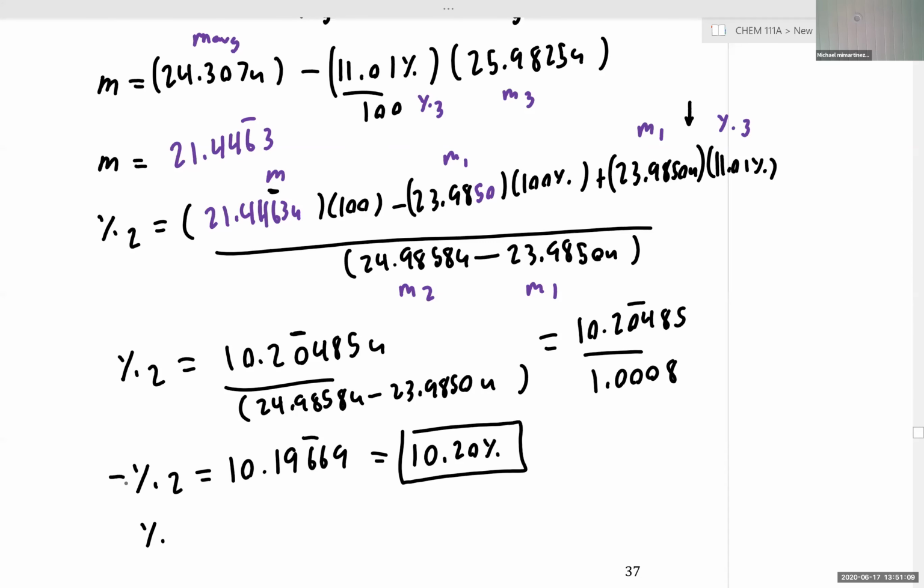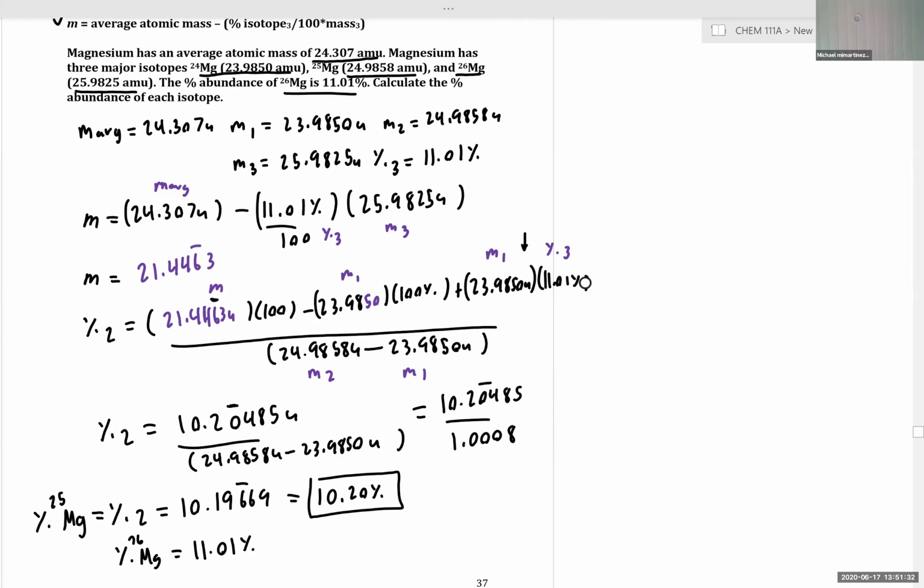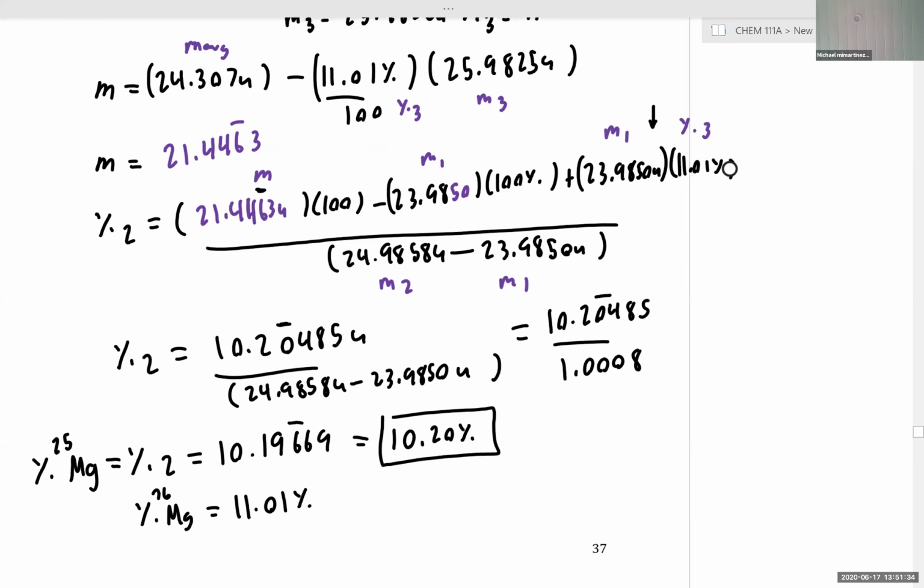Now, given that the percentage of isotope 2 in this case is the percentage of magnesium 25, and we know the percentage of magnesium 26 already is 11.01%, we can use one more equation.